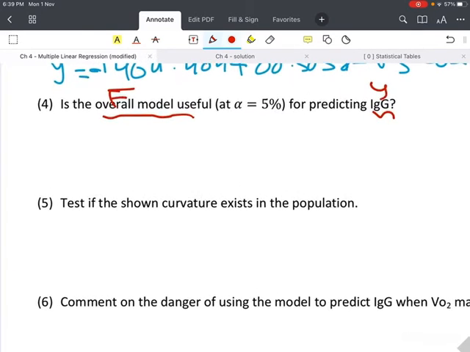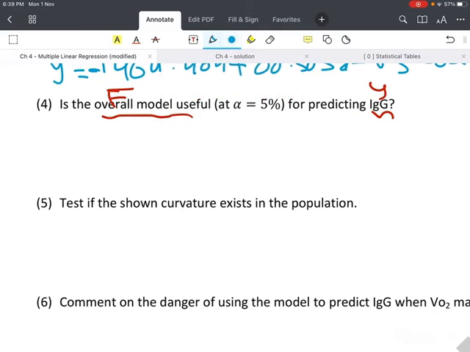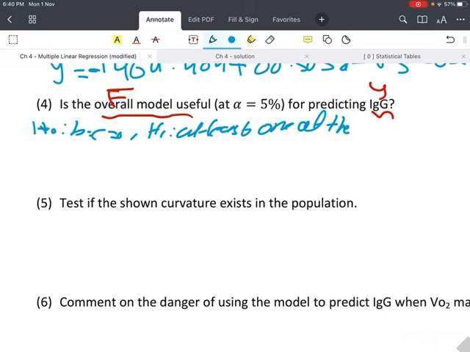This test says H naught: B equals C equals 0, against H1: at least one of the parameters is not equal to 0. Then we will use the F test.